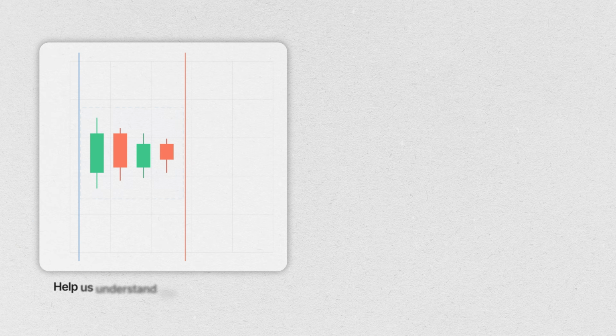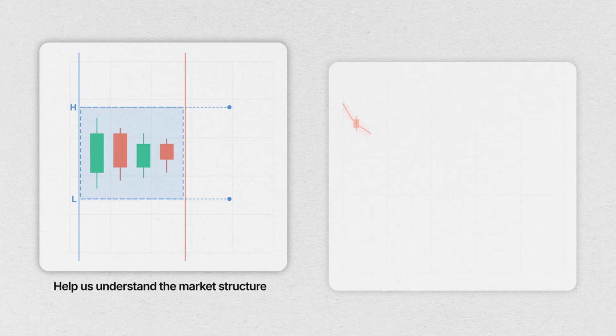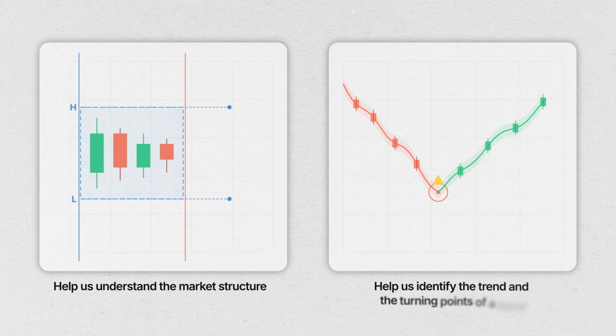So now that we have a sense of the inherent shortcomings of indicators, let's move on to understand the 2 types of indicators we would focus on in this episode. The first type are the ones that help us understand the market structure, and the second type is the one that would help us identify the trend and the turning points of a trend.